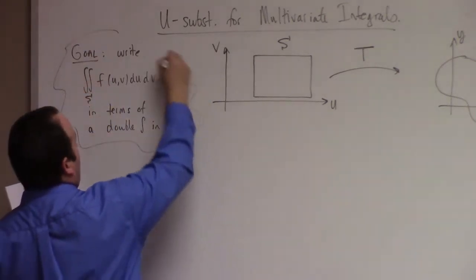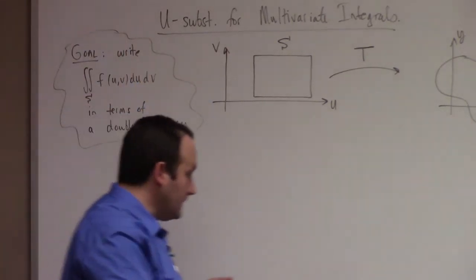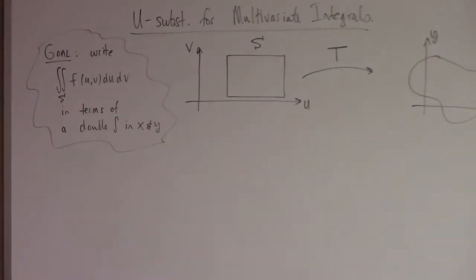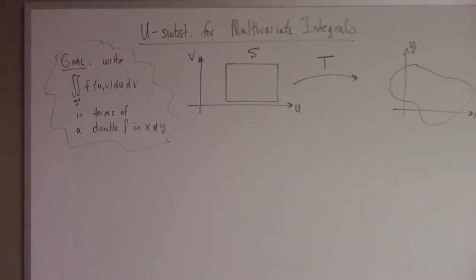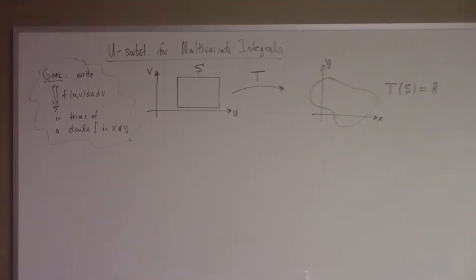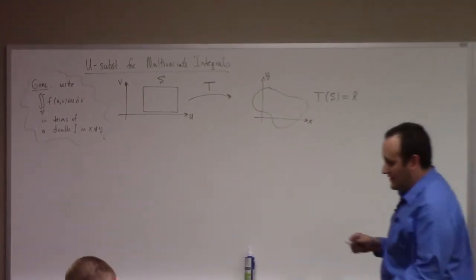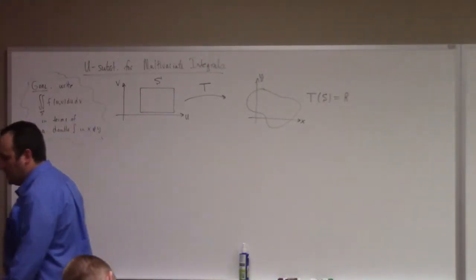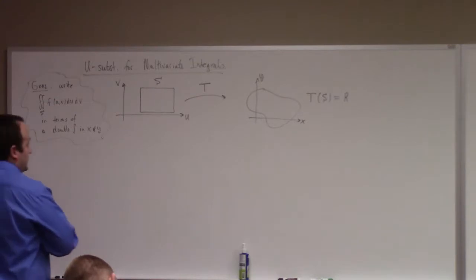This is my goal. I demonstrated how this could be done in the case of polar coordinates last class. I want to up the ante a bit here and try to do it for arbitrary coordinates.